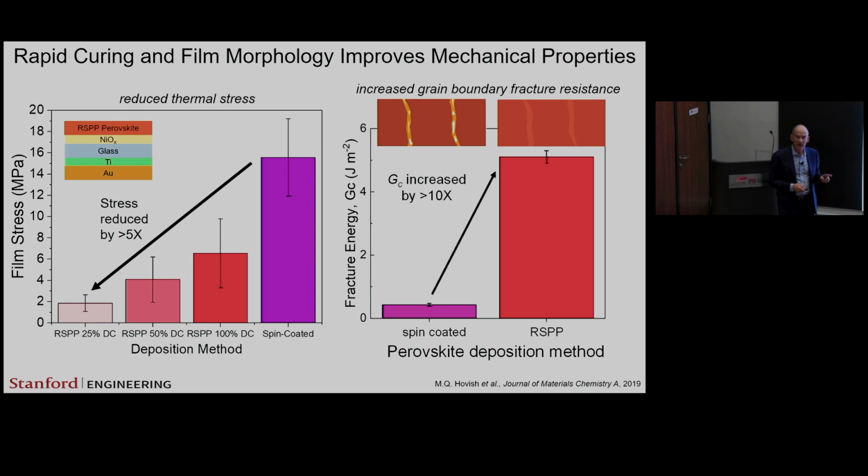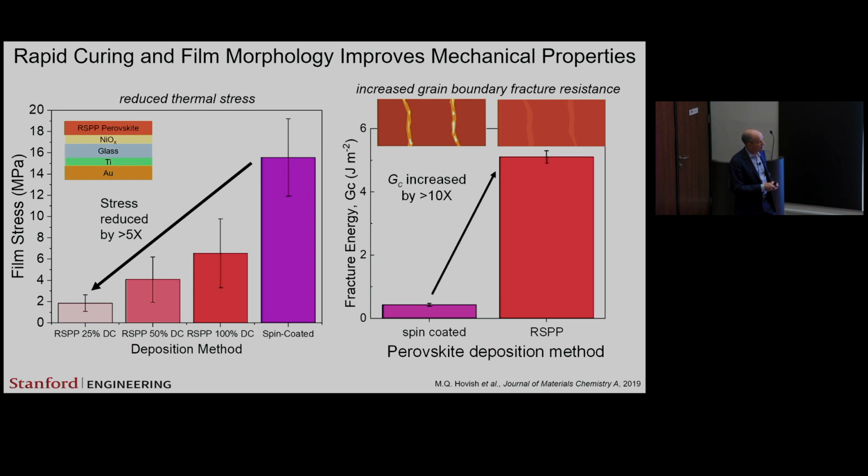The other thing that we found that was very surprising was that the fracture energy of the perovskite layer was significantly improved. This is an area we've published quite a few papers on, because of the interest in mechanical stability. One of the key metrics for mechanical stability is the fracture energy. This is in joules per meter squared.